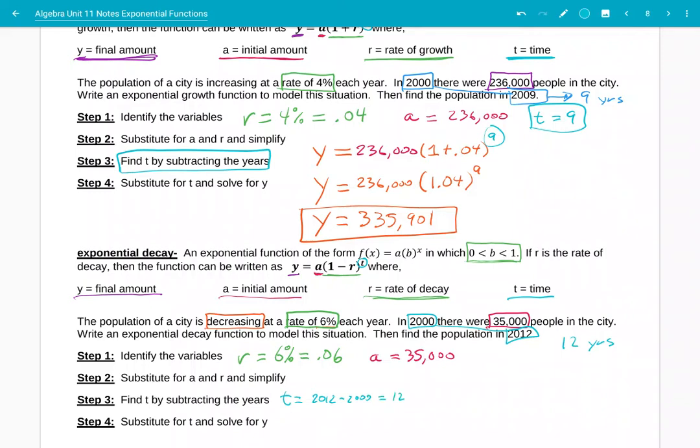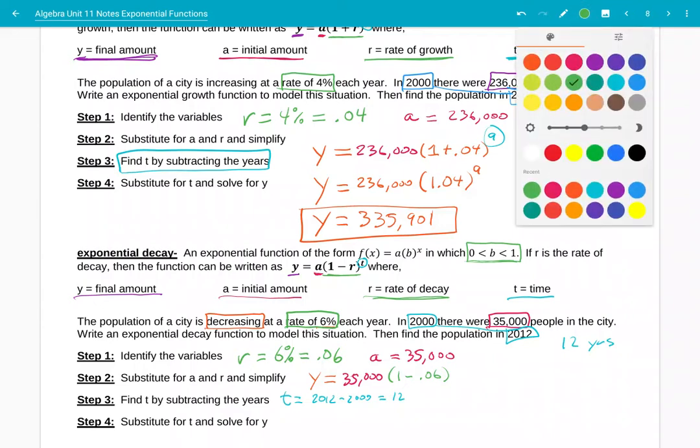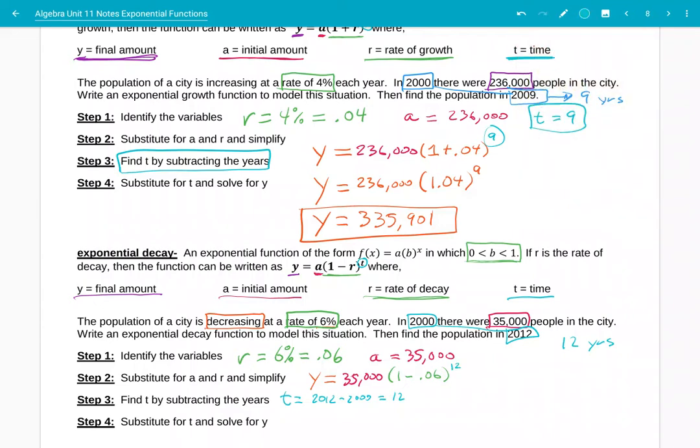So T is 12. Let's go ahead and plug that in. So Y equals, A was 35,000. And then the rate, that's 1 minus 0.06. And then T, we found that already. We can put it right here, 12 years.